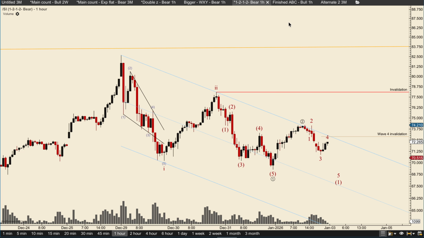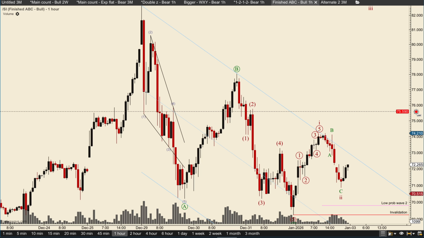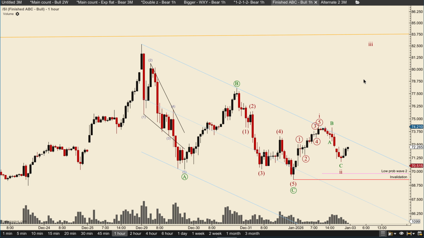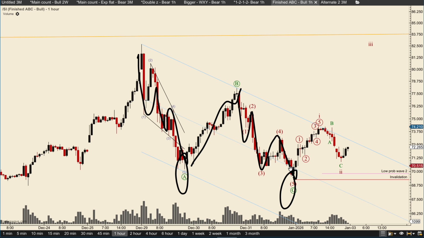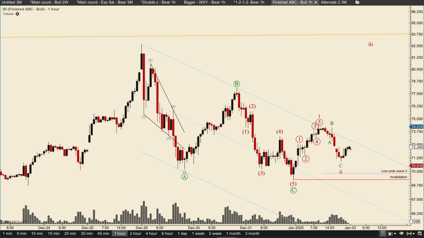So that is why I have that as an invalidation for this very, very bearish scenario. And then we have one finished ABC bullish scenario. So here we have leading diagonal A, B, 1, 2, 3, 4, 5 into wave C, and then 1, A, B, C, 2. And here, if we touch this, it's a low probability wave 2, and this is a validation for this scenario.